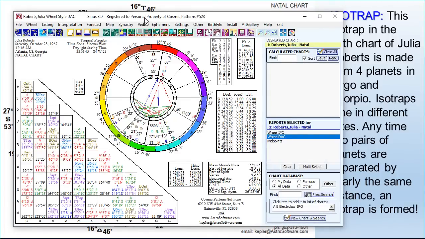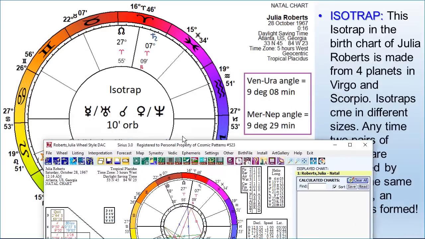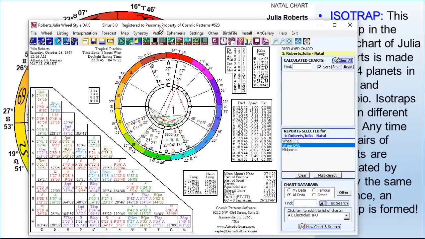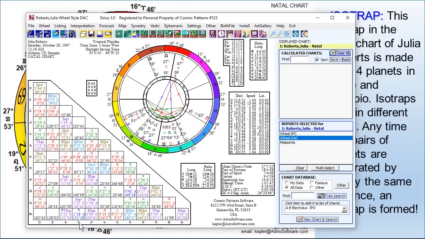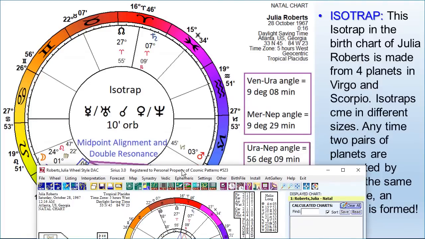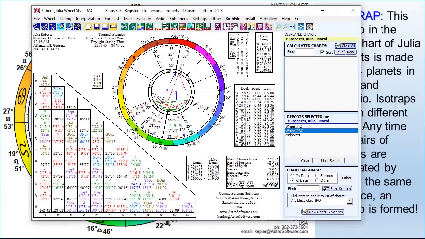And what was I going to say here? That the Venus-Uranus angle is 9 degrees 8 minutes. So if I go to this aspect grid, Venus-Uranus, there it is, 9 degrees 8 minutes. And let's just look at one more. Mercury-Neptune, 9 degrees 28 minutes. What happens when you subtract the positions? You can be 1 minute off. The computer's going to do it slightly more accurately.